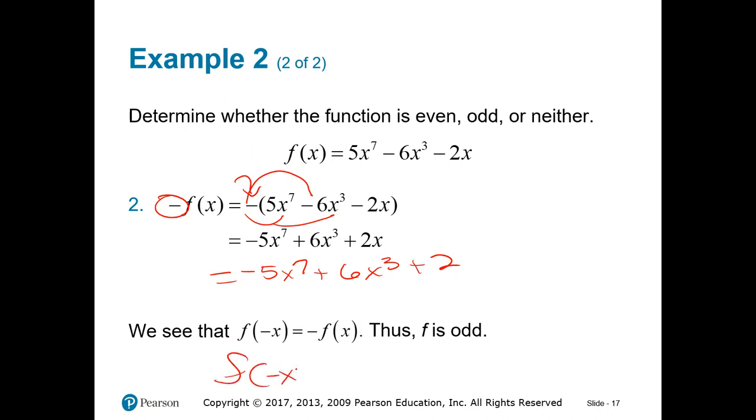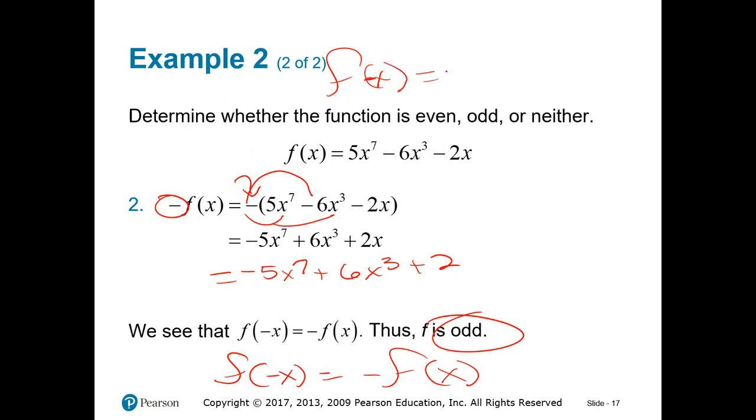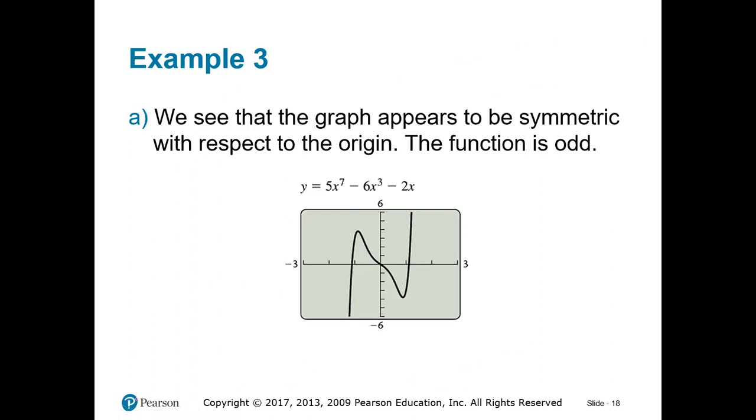It says that f of negative x does equal the negative of f of x, so it is odd. So what you had to do is go back to step 1, and we got this negative f of x, and did it equal this? And if so, then it is odd. If not, and it failed both attempts, then we're going to say it's neither. And then you can graph it here. Thank you.